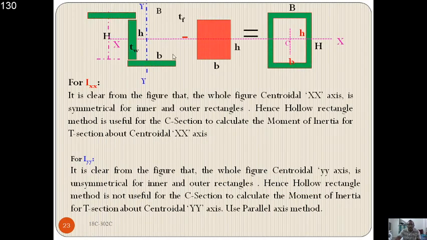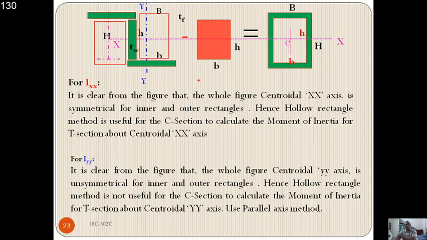So by inspection it is understood that there are two hollow portions. One at this point, and the second at this point. So there are two hollow portions.